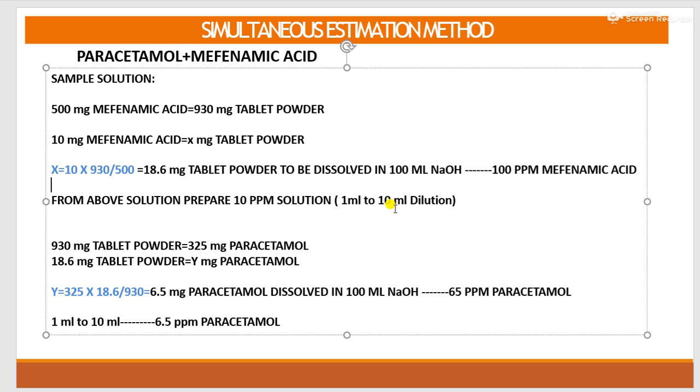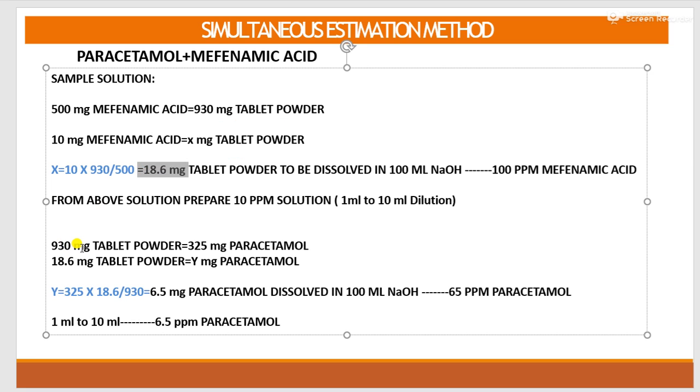Now what about paracetamol? This tablet powder contains both mefenamic acid and paracetamol. So this 18.6 milligram tablet powder contains 10 milligram of mefenamic acid. We must know how much paracetamol we have transferred, because along with mefenamic acid you have paracetamol also as an API in your tablet powder.